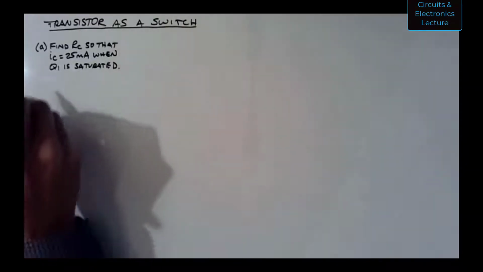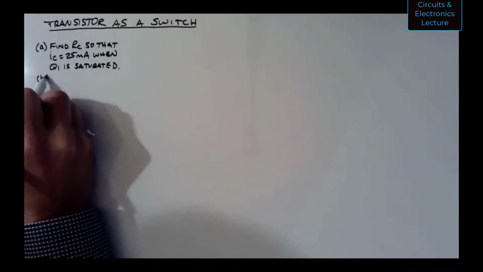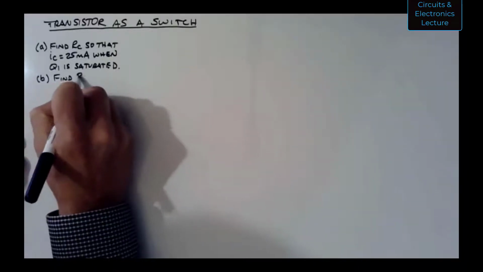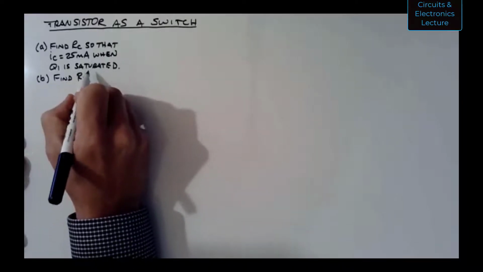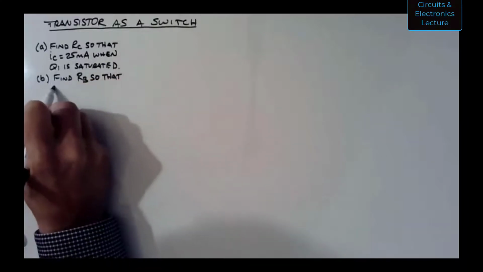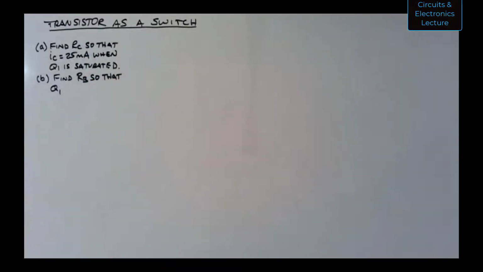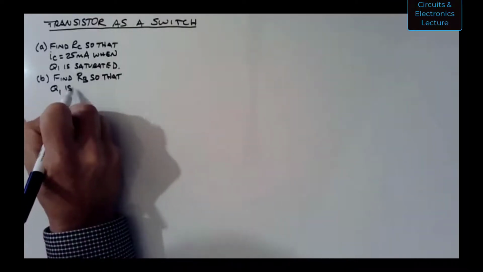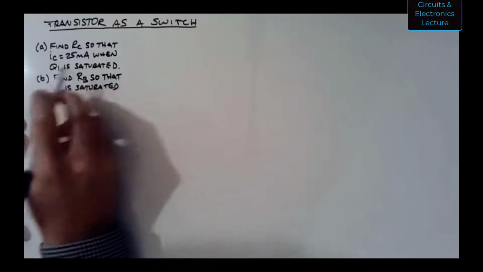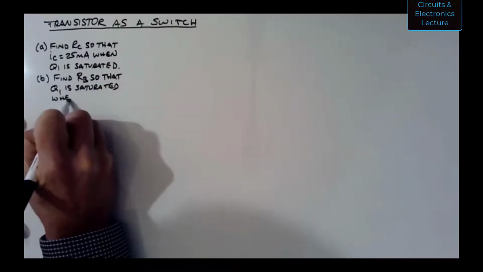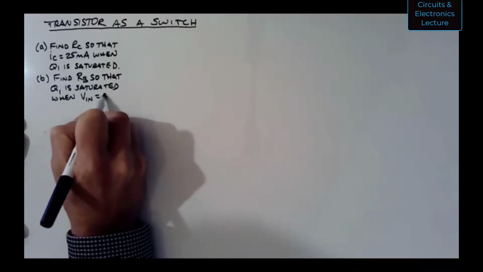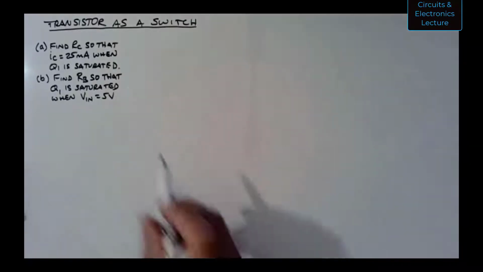This will make more sense when I draw the circuit. And then we're going to find the base resistor, RB, so that Q1 is saturated when we apply an input voltage, Vin, of 5 volts. So this is just like that microcontroller example.